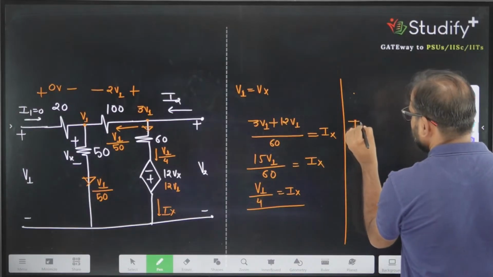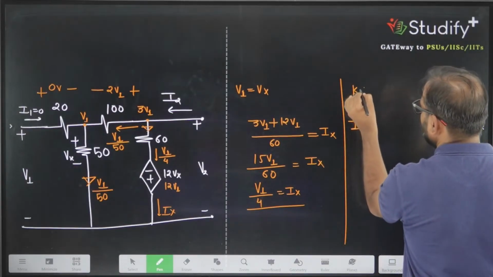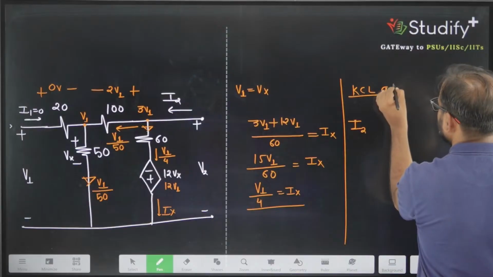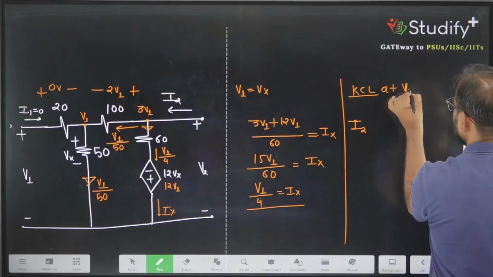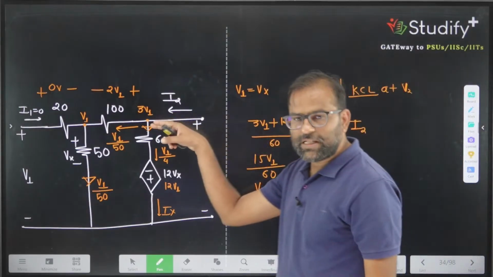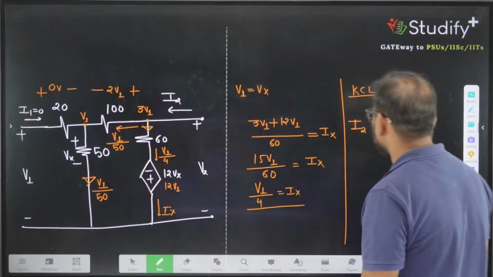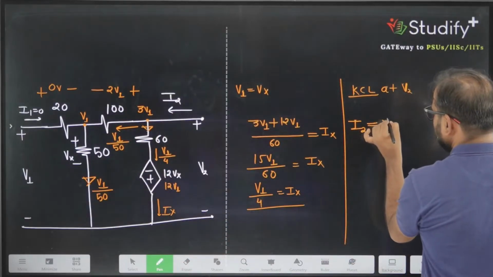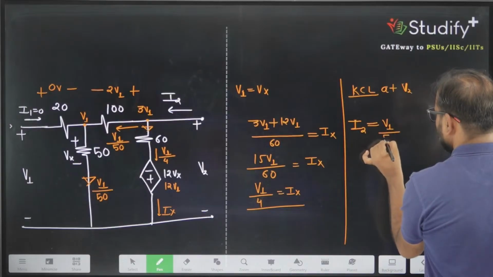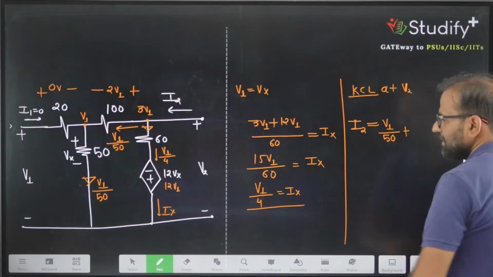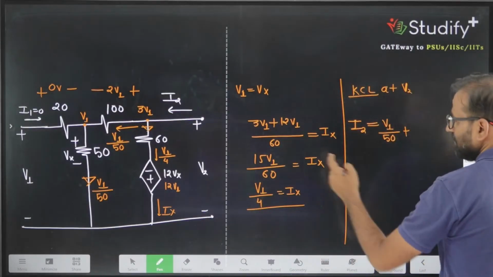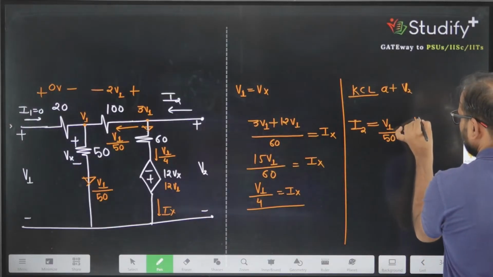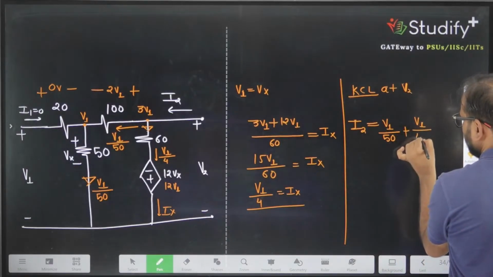I2 is the incoming current to the node, KCL at the output. I2 is the incoming current and what are the two outgoing currents? The two outgoing currents are V1 by 50 plus V1 divided by 4.